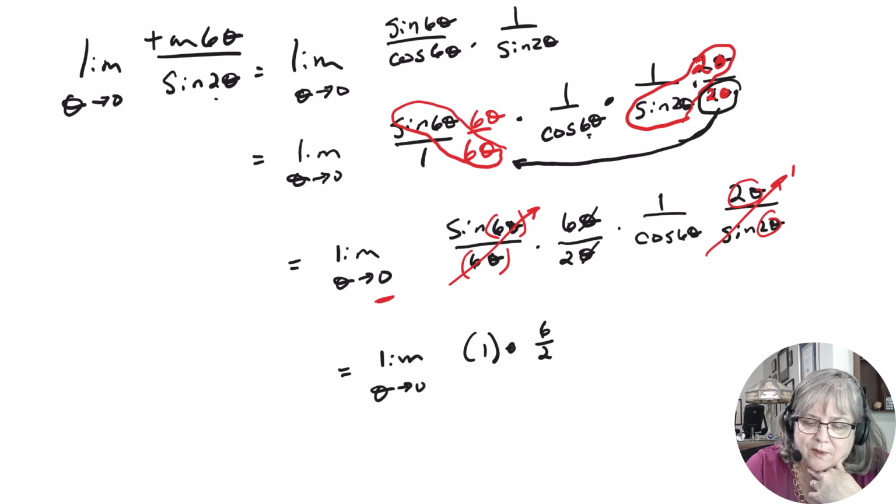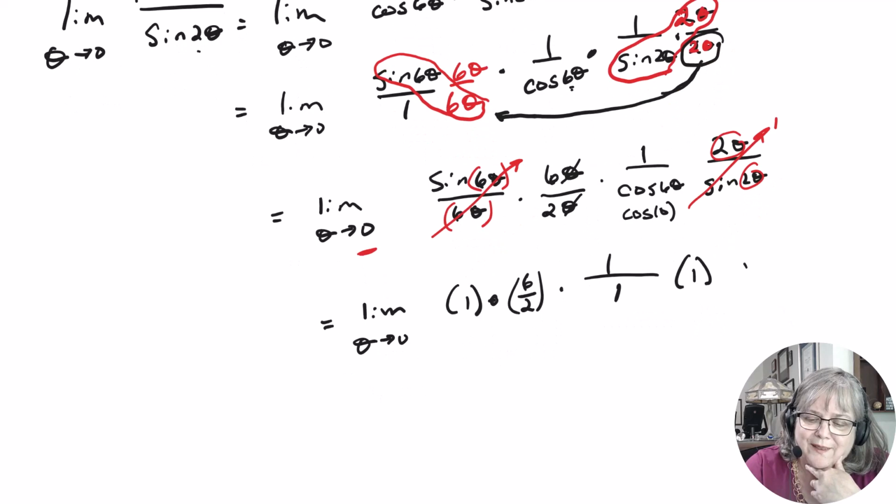Yes, you can cancel whatever you want, but I'm trying to walk this really slow in case you're confused. 1 over, now, this is cosine of 0 because 6 times 0 is 0. Cosine of 0 is 1, times 1.